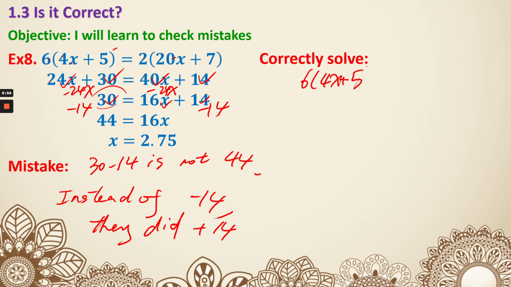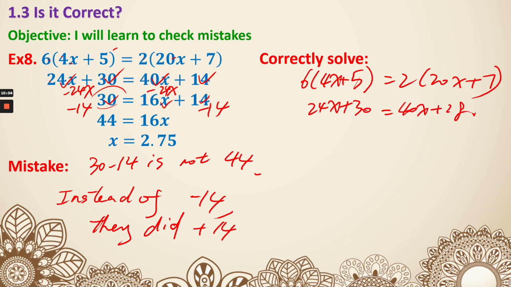4x plus 5 equals 2 times 20x plus 7. 24x plus 30 equals 40x plus 14. Subtract 40x on both sides. Now, negative 16x plus 30 equals 14.